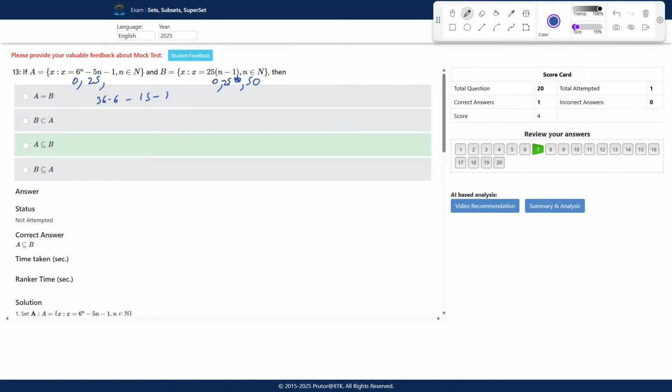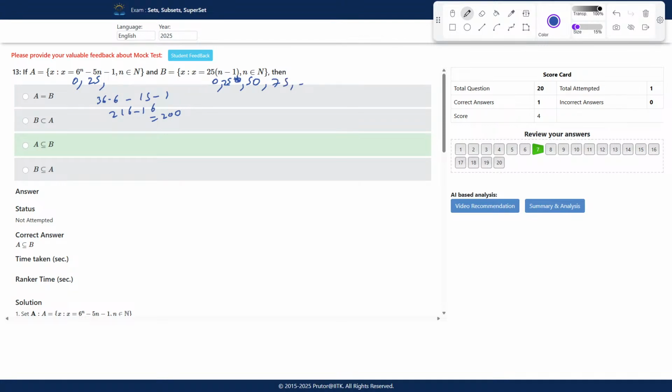So 216 minus 16 will be 200. So the next element will be 200. Now for this other set, we are having 50, and the fourth element will be what? We have used 1, 2, 3 and 4. If you use 4, you are getting 75, and so on.